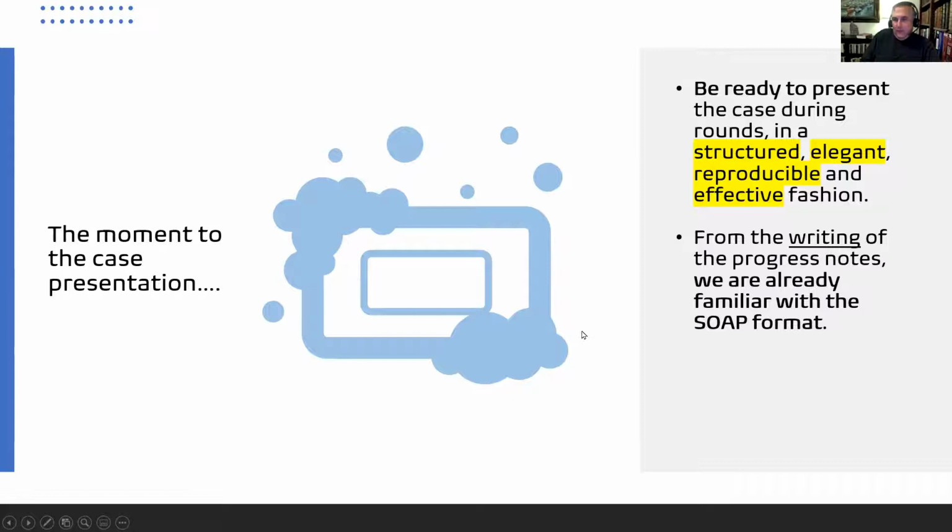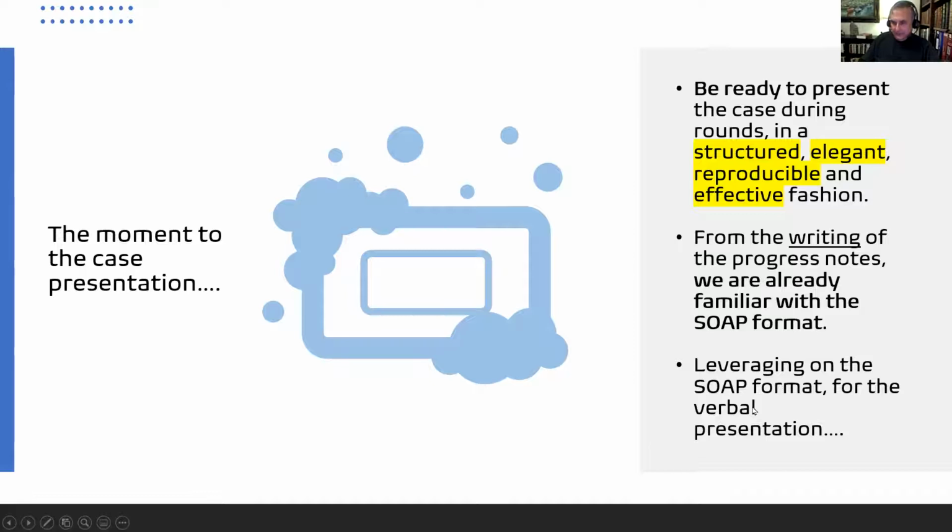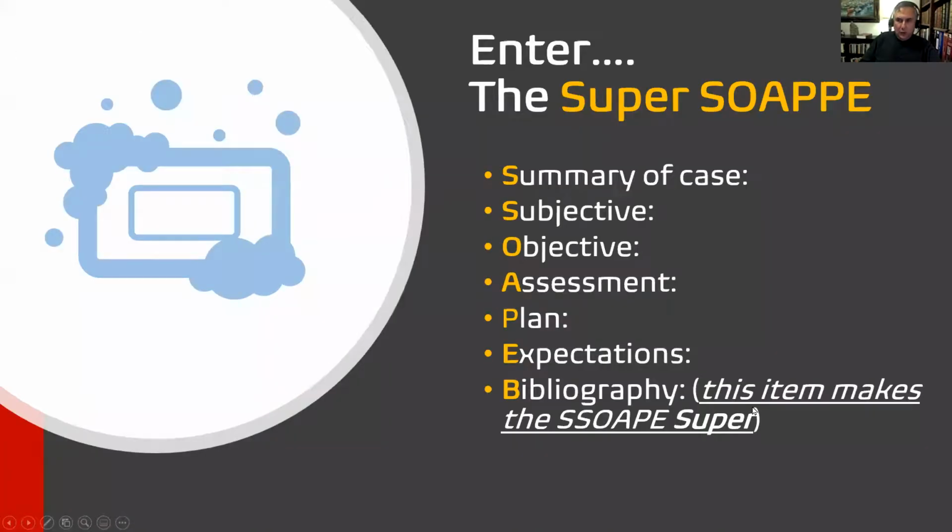So we're familiar with writing progress notes in the usual familiar SOAP format. Leveraging the SOAP format, then comes the Super SOAPPE note, and the Super SOAPPE note has these elements: the summary of the case, the subjective element, the objective, the assessment and plan, and then the expectations, and lastly, the bibliography.